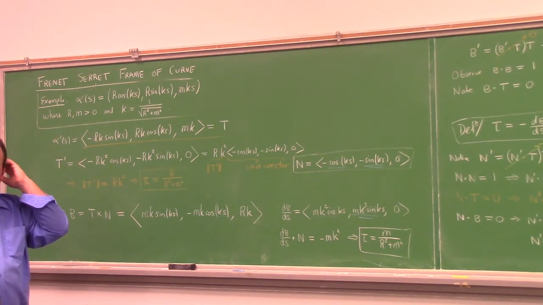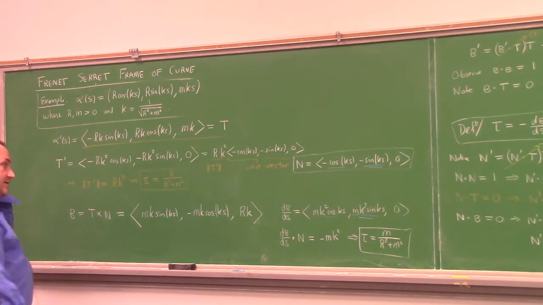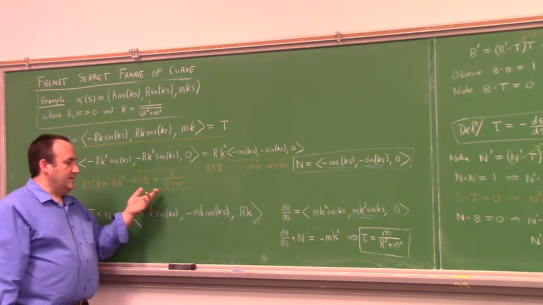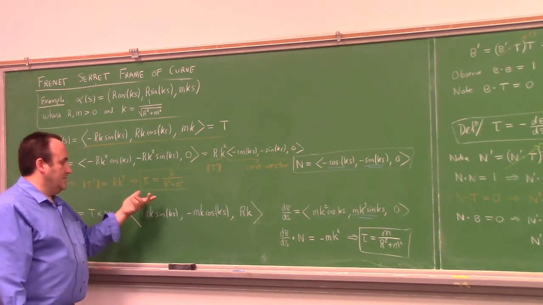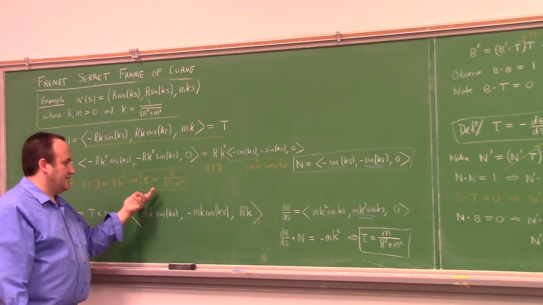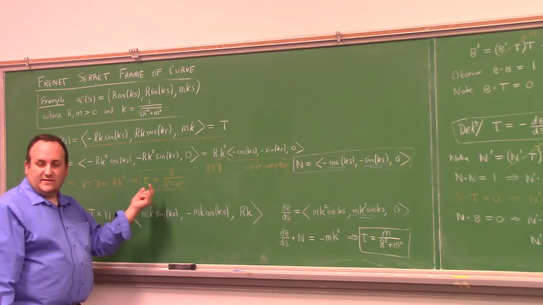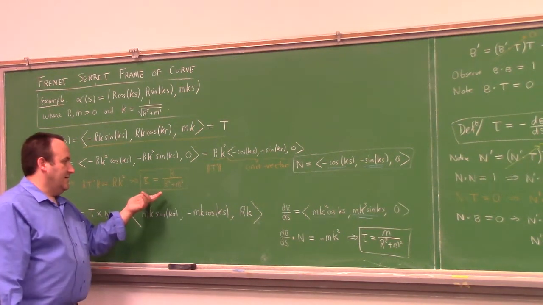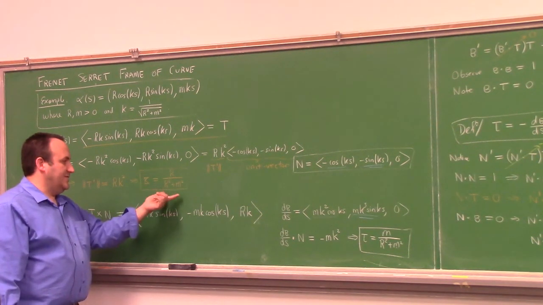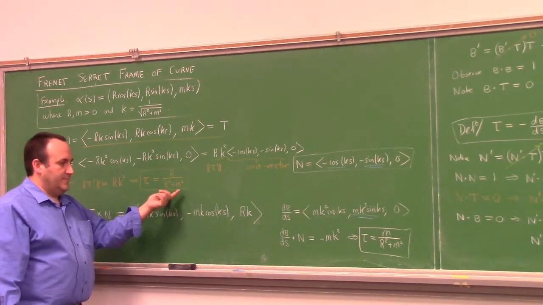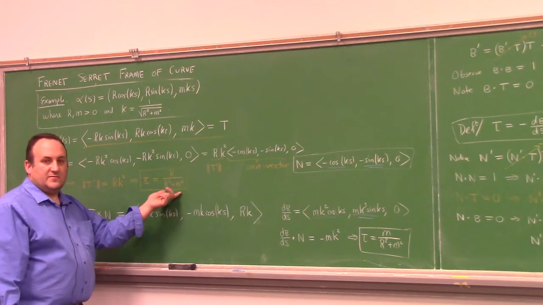It's fun to look at special cases, right? What happens when the helix has radius go to infinity? If the radius goes to infinity and the m is fixed at a constant, the curvature goes to 0, right?